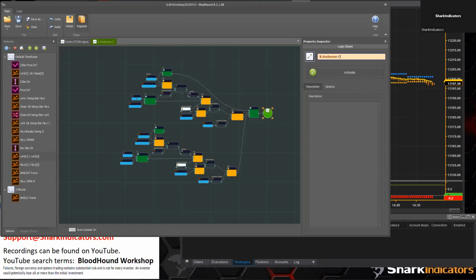What's this called? It's called a continuation trade. There we go. That's a bit of a lengthy name, but there it is. I just need to wait for the recalculation to happen here. And let's showcase something else that's new for BloodHound version 2 that doesn't get used a lot.